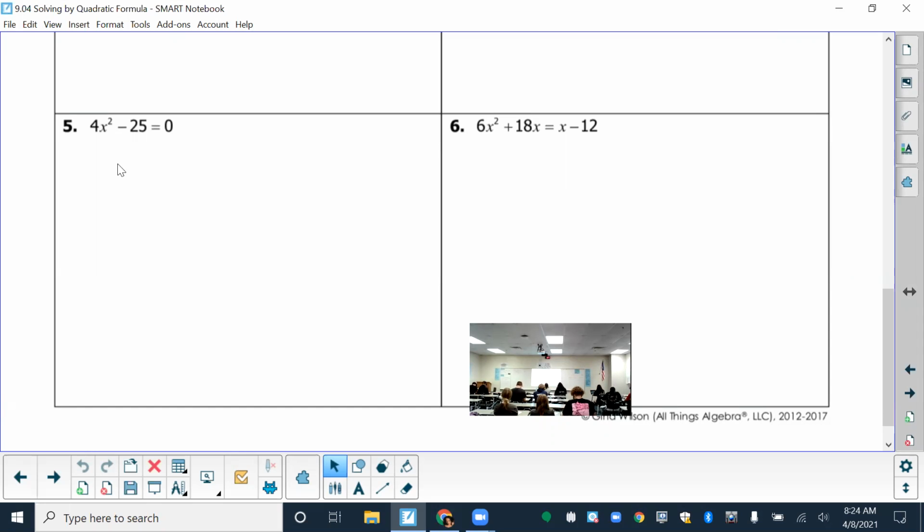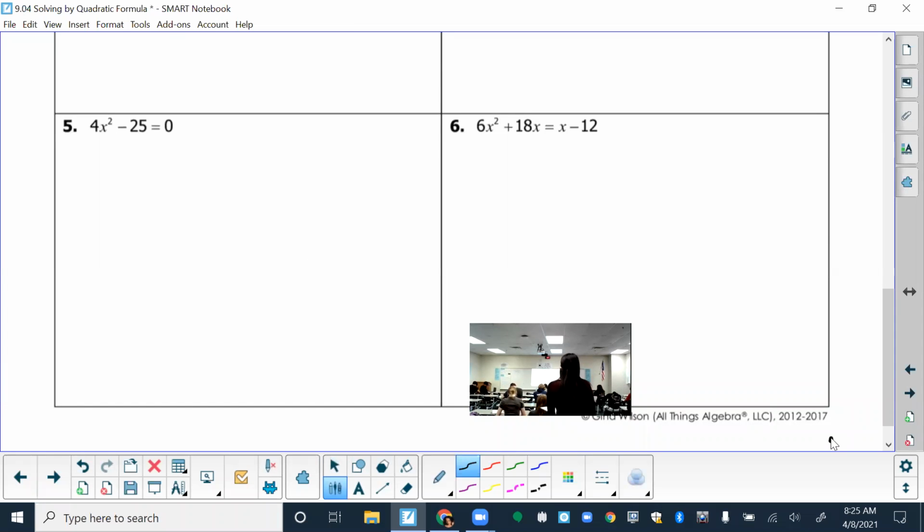So since the B value isn't there at all, what is the B value? 0. Good. So for number 5, if you want to make a little side note, we won't do that one in class. I think you can take care of that one yourselves. But if you just want to make a little side note, B is 0 for number 5. Then that should clear up any confusion for that one.